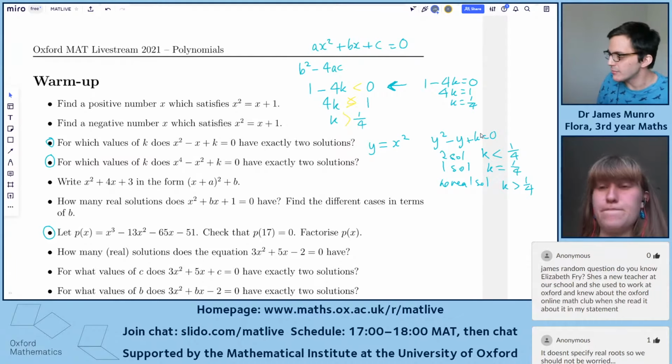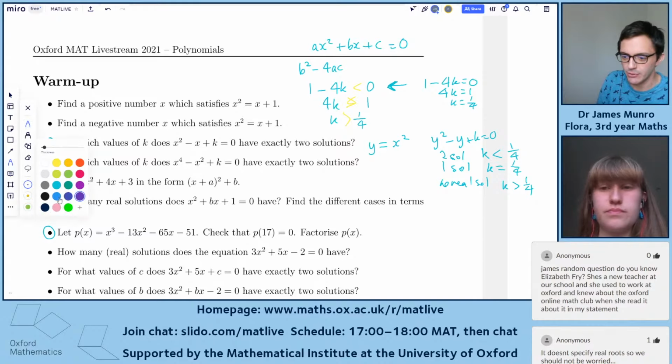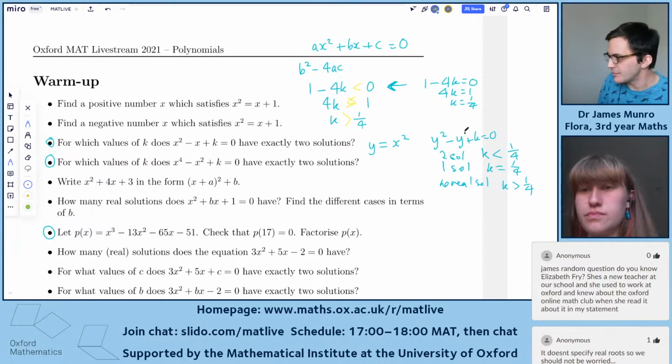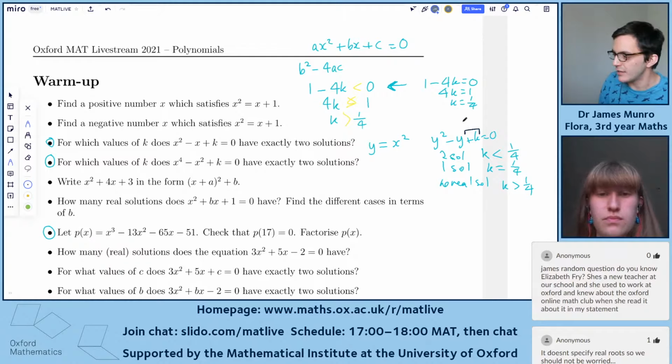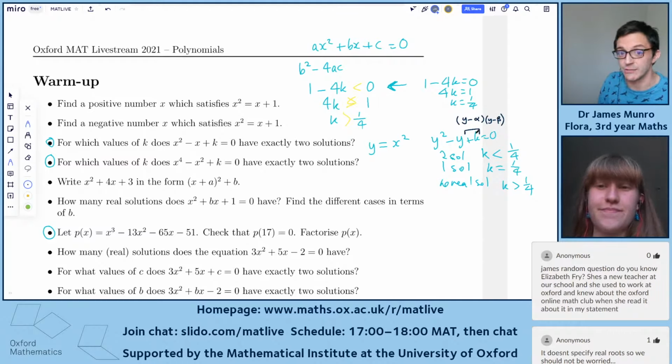The reason I know one of them's positive and one of them's negative is this constant term in the polynomial, this bit here. This is what I would get if I multiplied the roots together, because I know if this factorises as something like y minus a root, y minus the other root, that constant term would be the product of the roots.